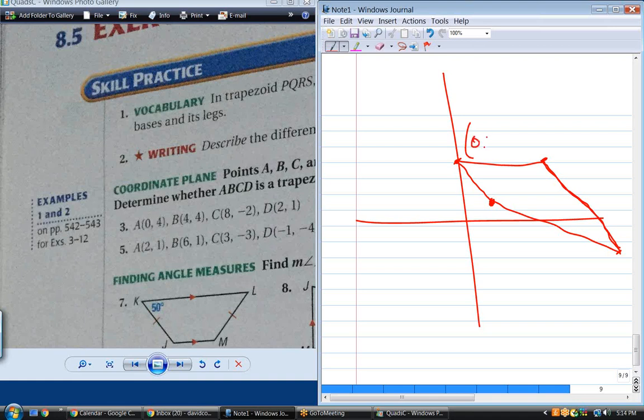What's the slope from this point to this point here, which is 2, 1? Take the rise over the run. What is the rise? The difference in the y coordinates.